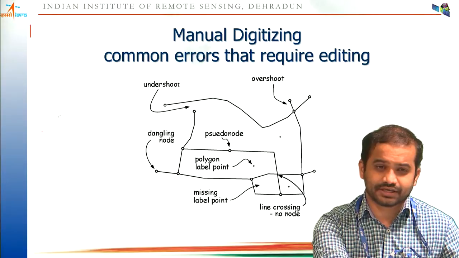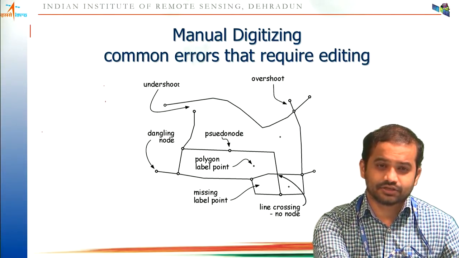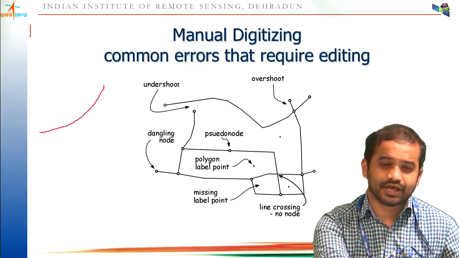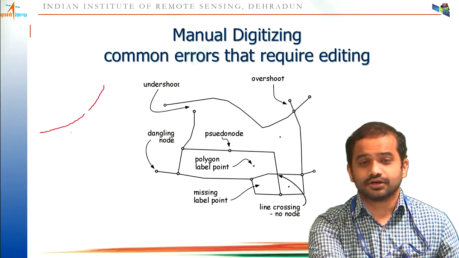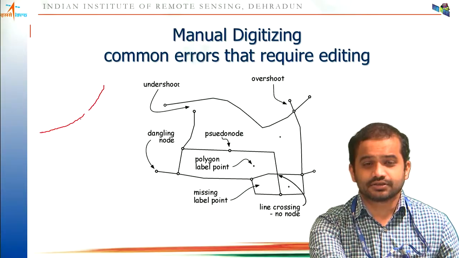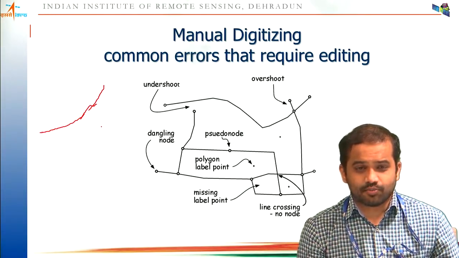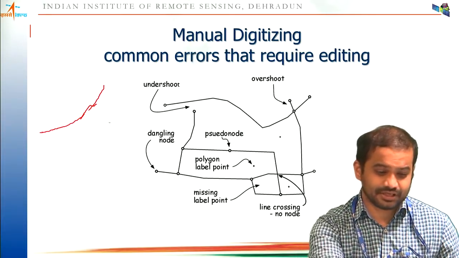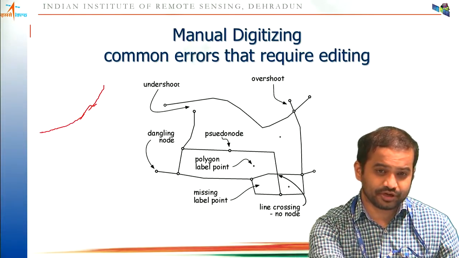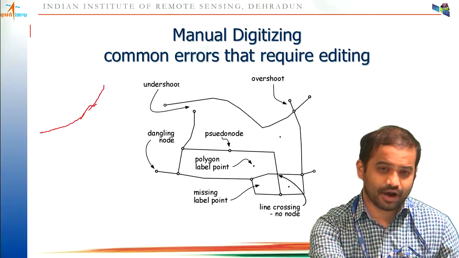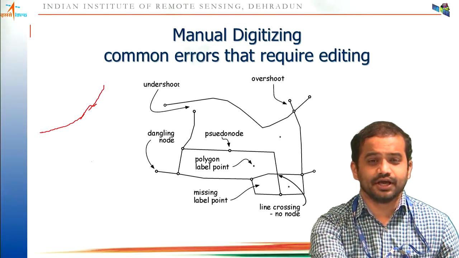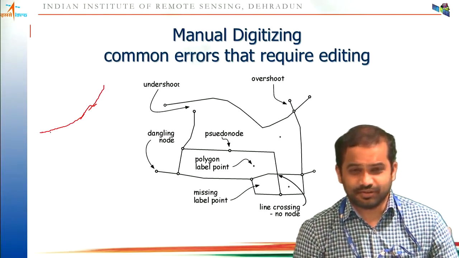Suppose I want to digitize, I click here, then I click here, so these two points are automatically joined. This is called the point method. And a streaming method means I simply move it like this, top to bottom, and a linear feature is automatically created, and whenever I join anything, the feature will be created.